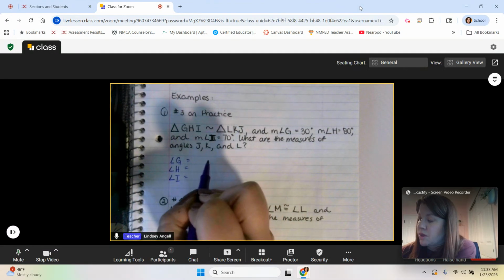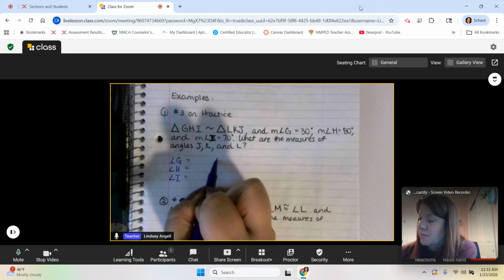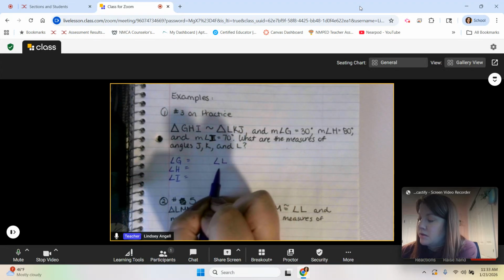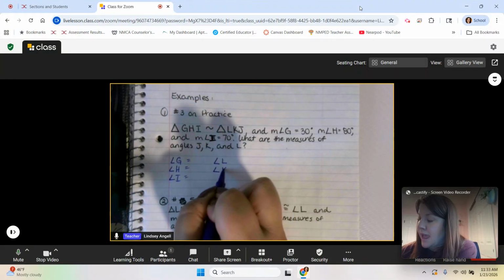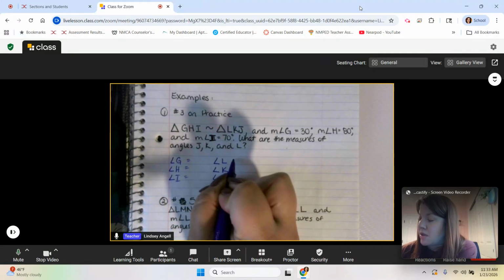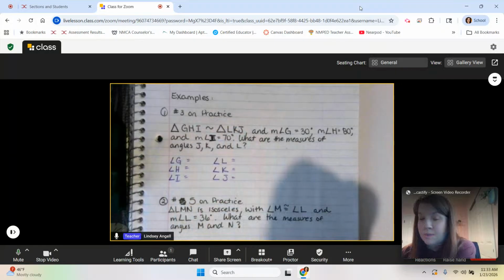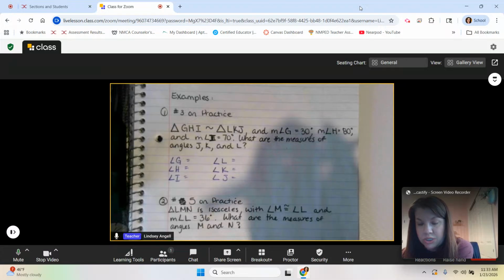And G should line up with angle L, H should line up with angle K, and then I lines up with angle J. Those are the corresponding angles, which don't change in similar figures.